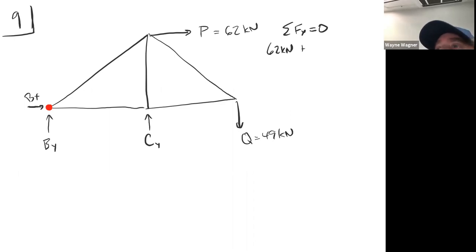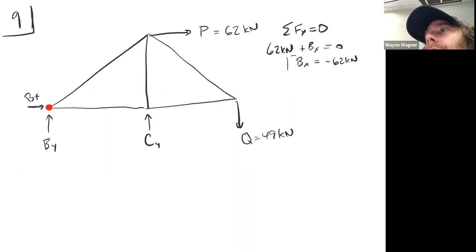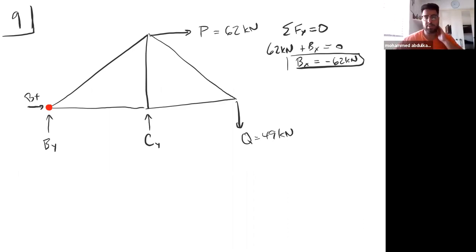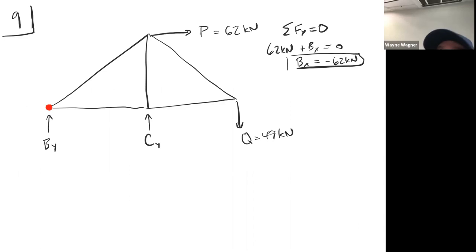So I said plus BX equals 0, so BX has to equal negative 62 kilonewtons. Does that make sense? Yes. Okay, got it. So let's go ahead and include that information here, 62 kilonewtons, like that.